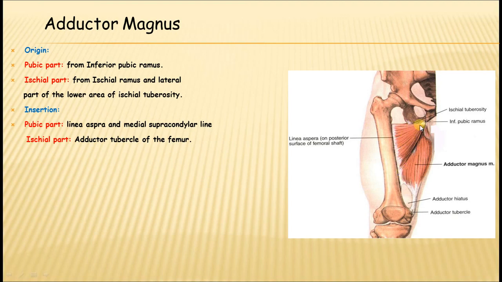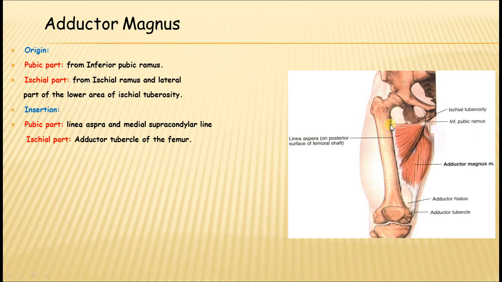If you look at the uppermost border of this adductor magnus muscle, it is in line with the lower border of the quadratus femoris muscle. So quadratus femoris, not the rectus femoris. Rectus femoris is present in the extensor compartment. Quadratus femoris we will see in the muscles of the gluteal region.